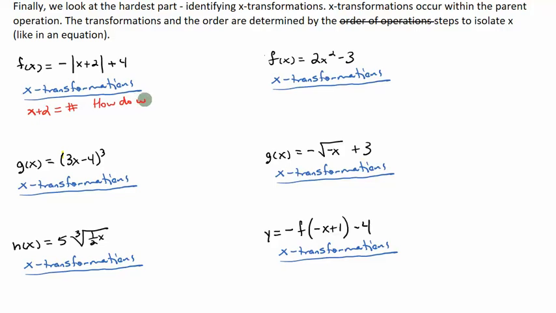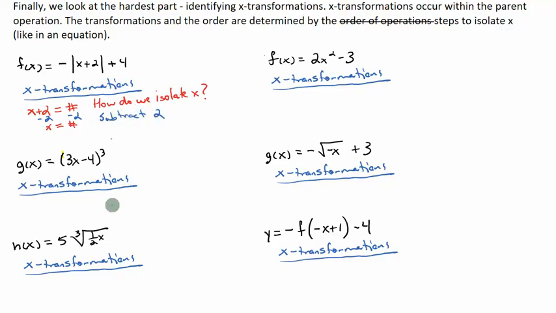How do we isolate x? Well, we subtract 2 from both sides, and if we do that, we get x equals some number, right? X is isolated. The answer to how do we isolate x, that is your list of transformations. So in this case, we subtracted 2. So subtract 2 is my x transformation.